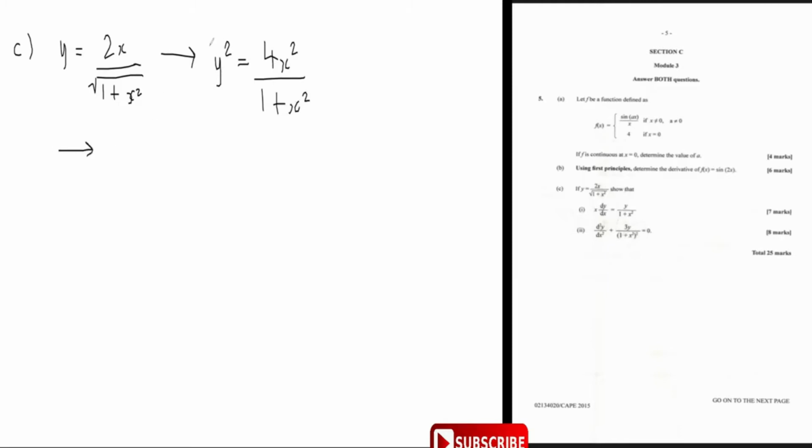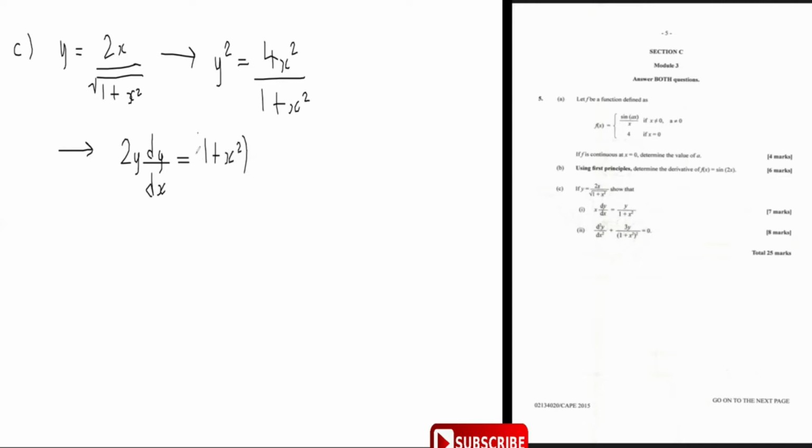Doing implicit differentiation is easy for me to differentiate this now. I carry down the power to get 2y times dy by dx. That's implicit differentiation. So that becomes 2y dy by dx is equal to, start with the bottom, which is 1 plus x squared, times the differential of the top.